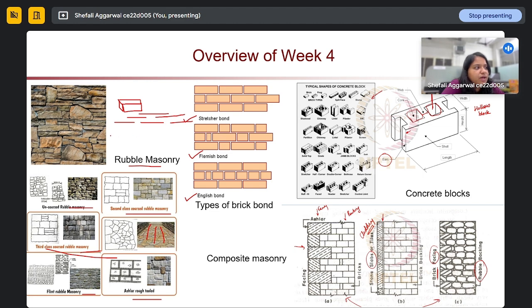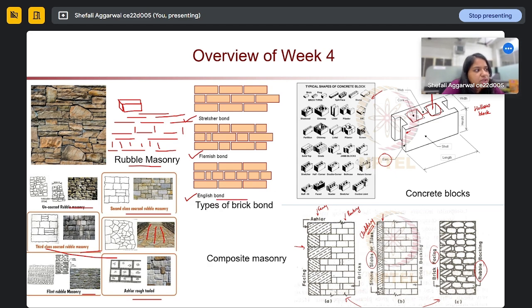Then, if we keep one brick in this way, one brick in this way, then one in this way, then we call it a Flemish bond. And if we keep one layer straight and then one layer in this way and then another layer in this way, that is called the English bond.